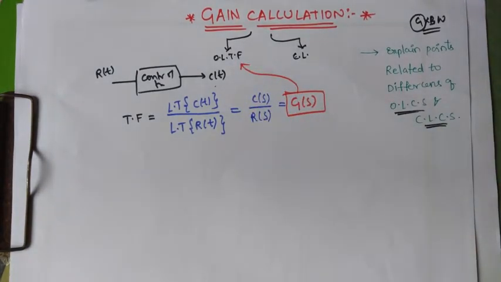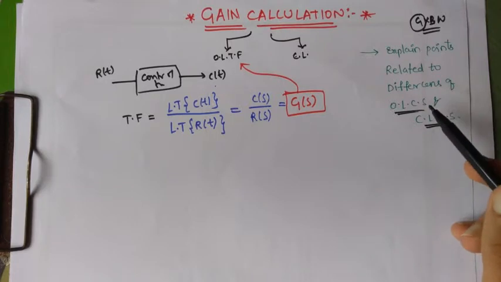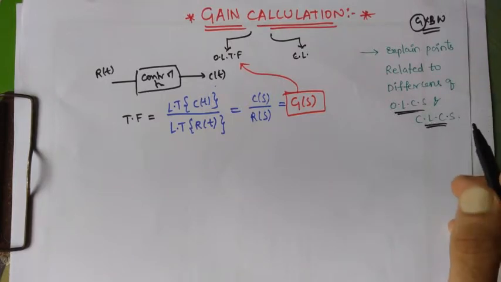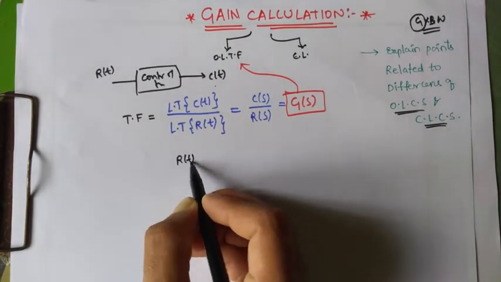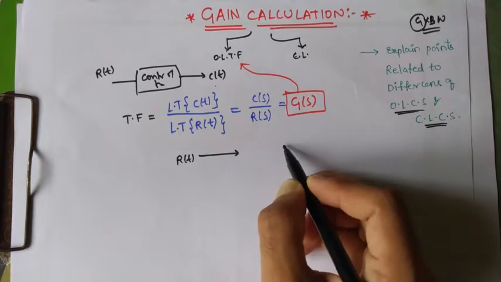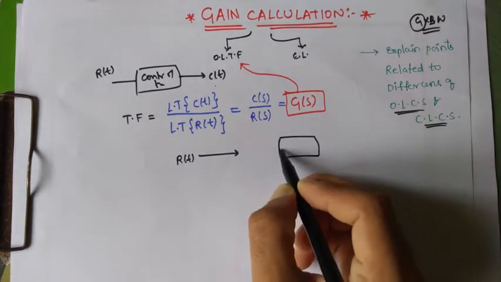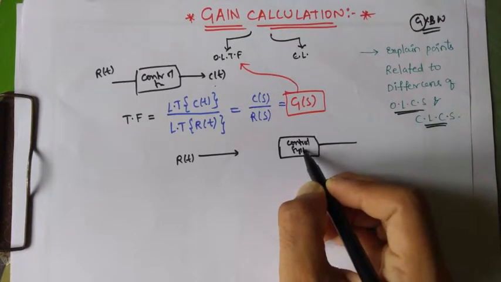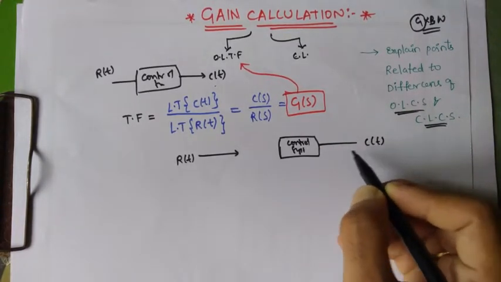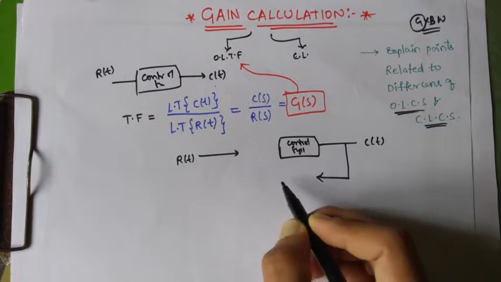So from this we are going to derive the same for the closed loop control system, and from then we are going to see the difference for which one it is larger or for which one it is smaller. So let us take a closed loop control system. The same circuit, that is R of t, is connected, and here is our open loop system, or we can say a control system, and here we are getting output C of t, which is given to the feedback.